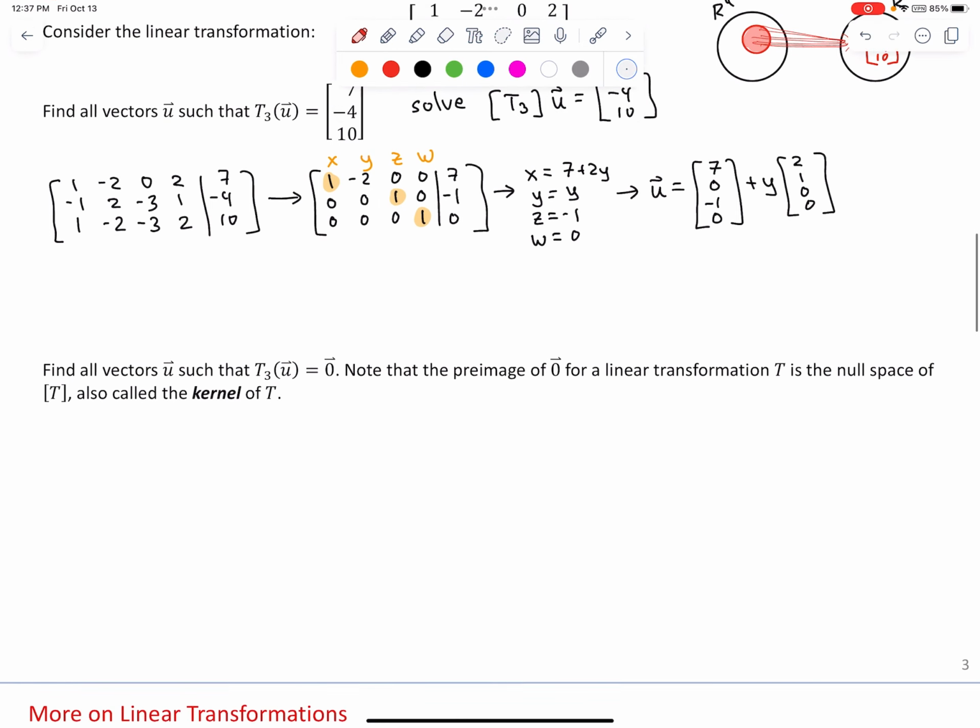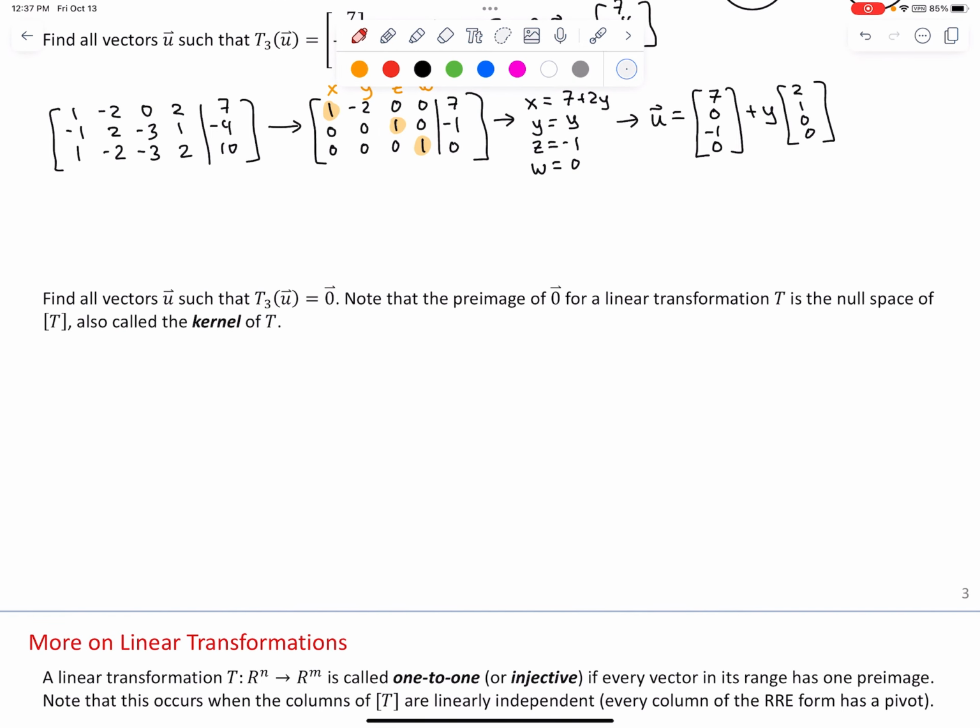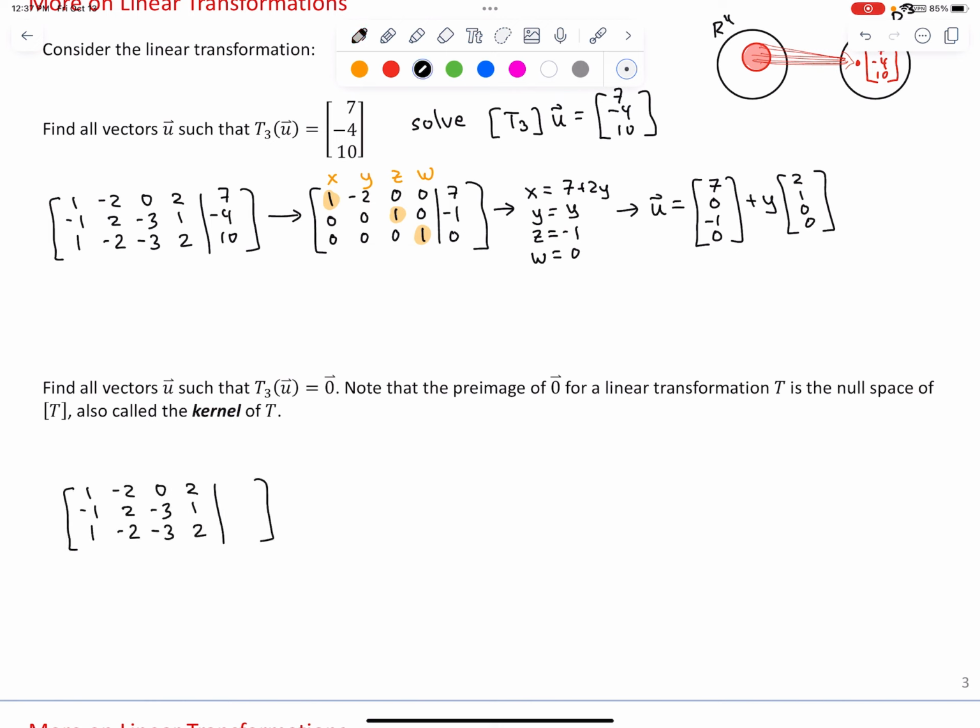Let's go to the second part of this page. Find all vectors u such that T3 of u is equal to the 0 vector. So we'll do basically the same thing, but this time we want the output to be the 0 vector specifically. So we begin with our augmented matrix with the 0 vector as the output, and then we'll put this in reduced row echelon form. And we get the following. Again, we see that y has to be free, but the x minus 2y must be 0, so x has to be 2y.